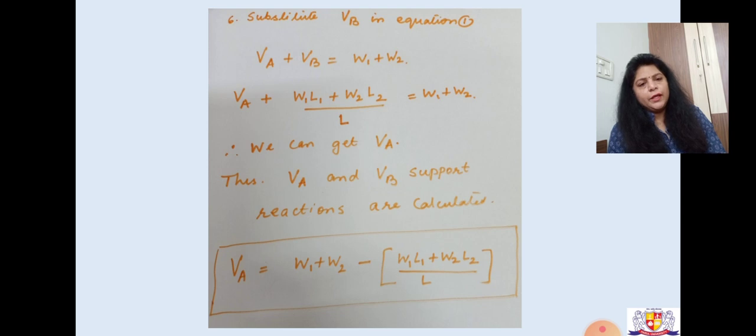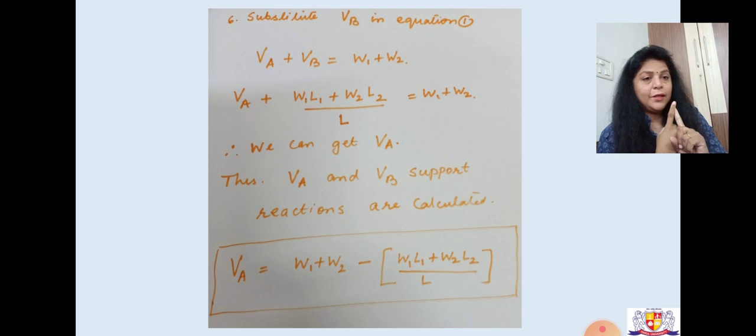So you will solve the equation and you will get the value as VA = W1 + W2 minus (W1L1 + W2L2) upon L. Okay, so this is the procedure that is to be followed when you are solving any problem to find out the support reaction. What is step number 1?